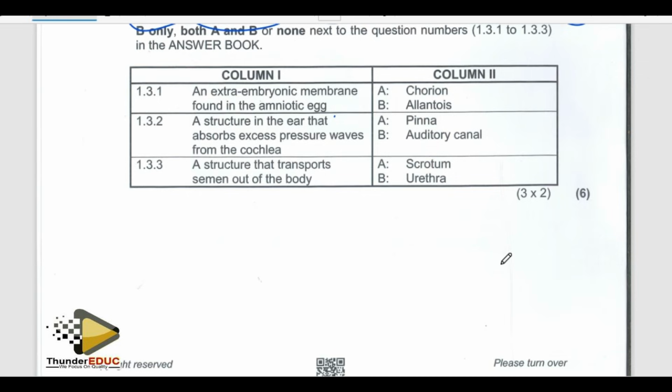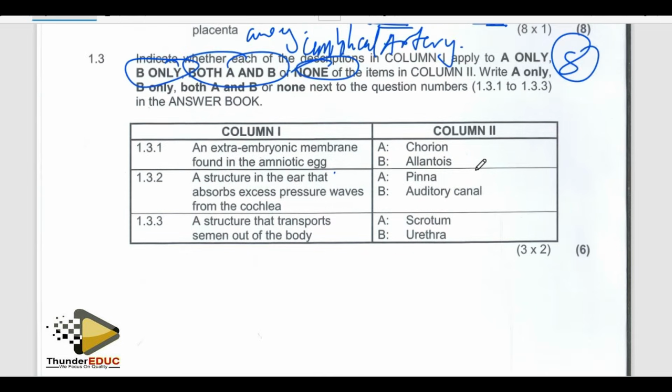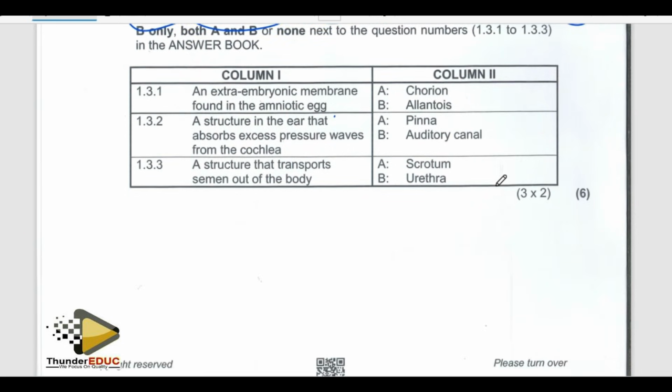So, watch it. Know your mistake. After that, go back and read paper 2. Be prepared for paper 2. I know that you will make it. Watch the videos on THUNDERTEDUC. You will never go astray. You will get a distinction.